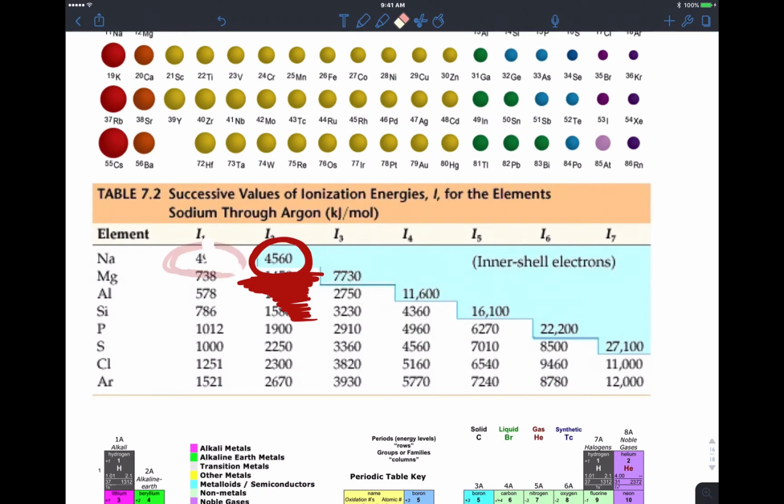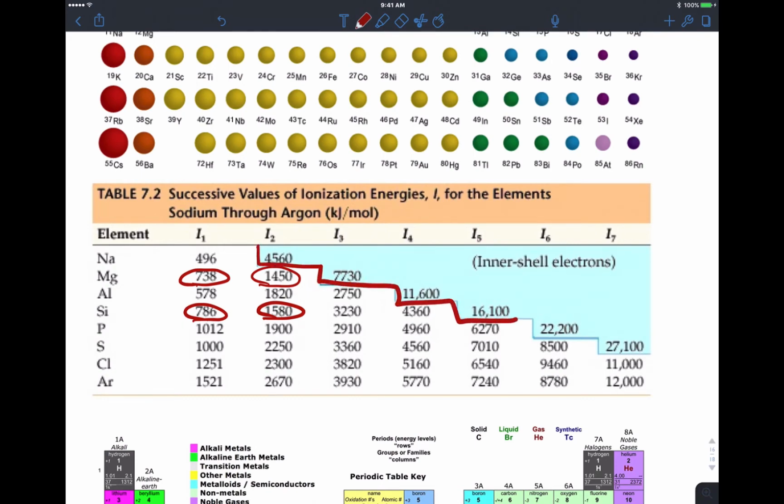And you're going to see just in this chart that our first ionization energy, by comparison for all of these, for magnesium, 738, 1,450, in every one of these cases, it does increase in value, but each time that you get into this blue region over here, there's a significant jump.